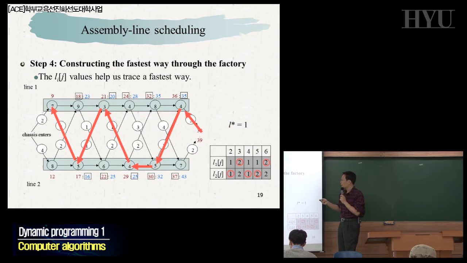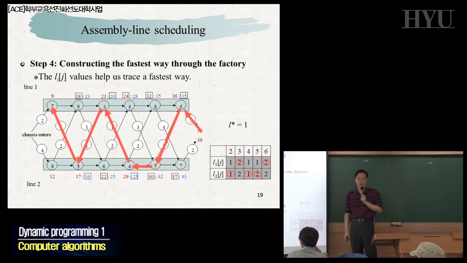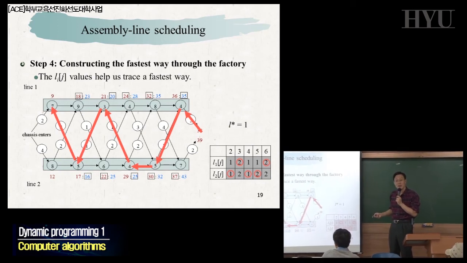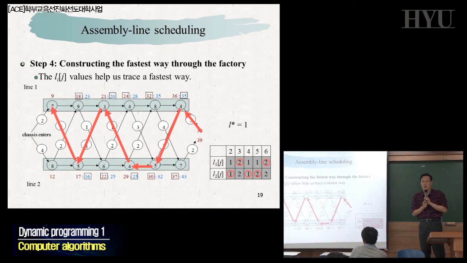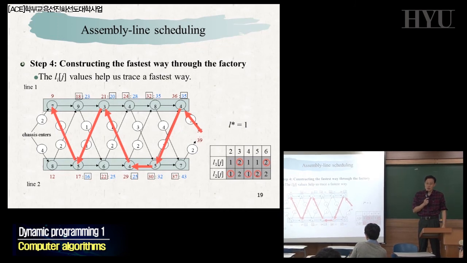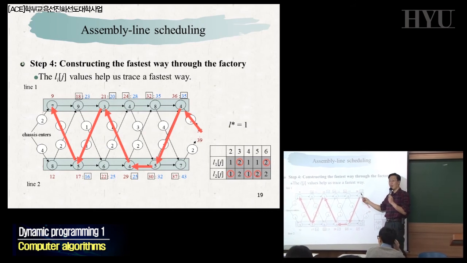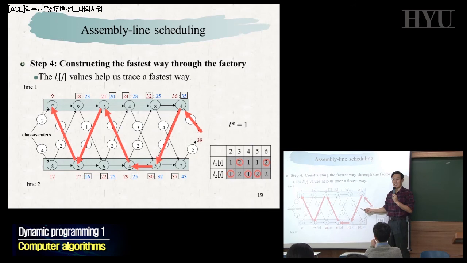Note that this information doesn't exist after the computation of the F table. F table stores only the boxed values. They don't store where it is from. The origin information is stored in table L. When we compare the values, its previous values, we take the smaller one.